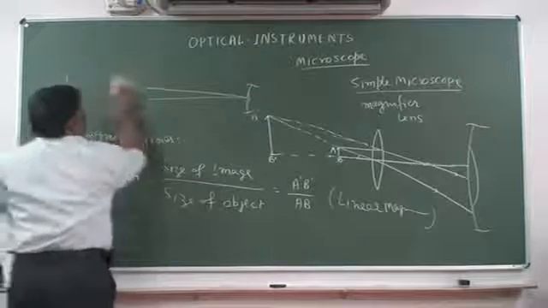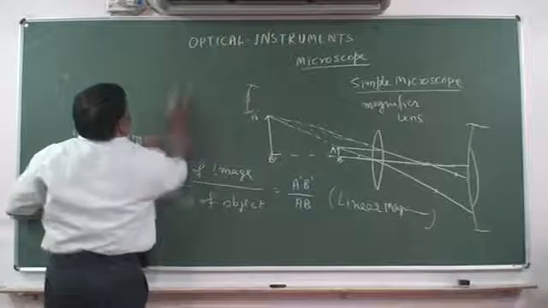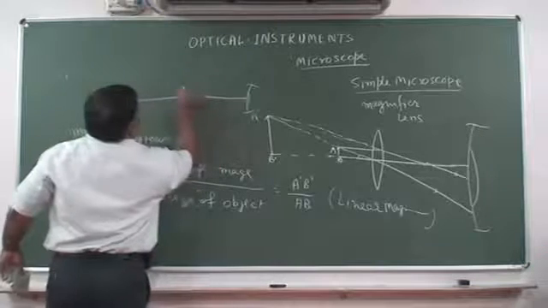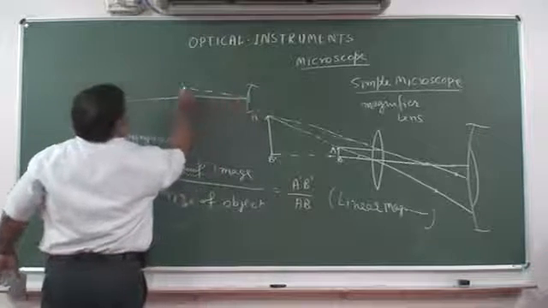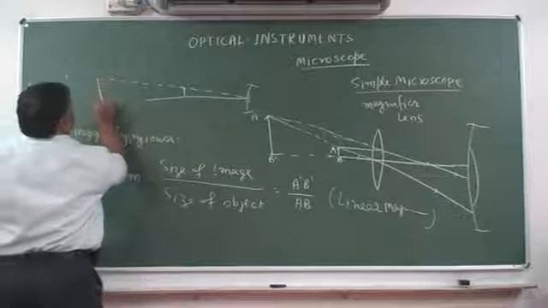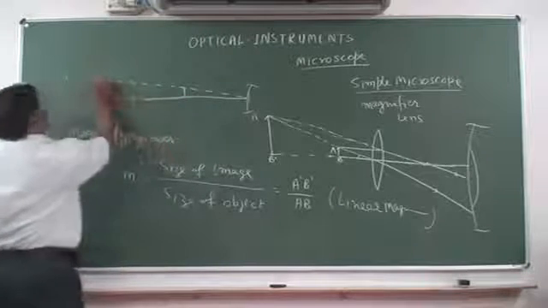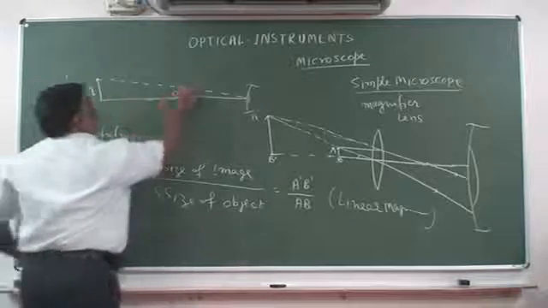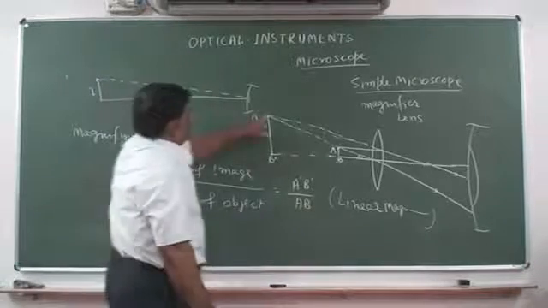No, I will again correct it. Let us say here is the object, and when we put a lens, we see an image here. Image, object. Now the object is making like this.